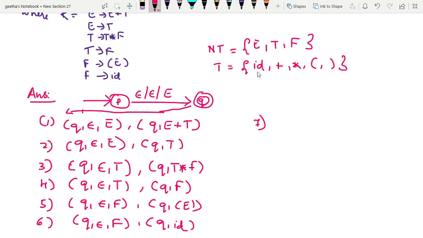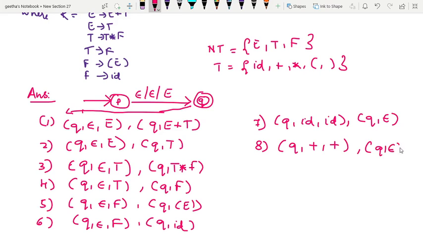First I'll write for ID: Q, comma, ID, comma, ID, comma, Q, comma, epsilon. You just have to follow the rule I told you in the beginning. The eighth: Q, comma, plus, comma, plus, comma, Q, comma, epsilon.